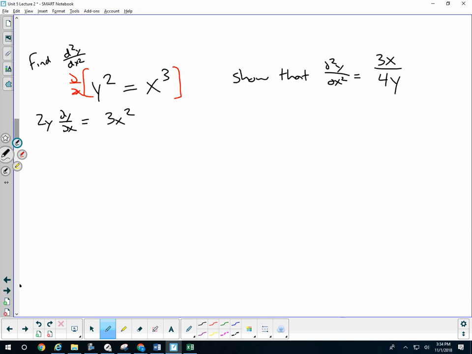Okay, take the derivative. If you'd like to, you can take the derivative again. However, be careful. You got to use the product rule with the dy dx. A lot of people don't do that. So instead, solve for dy dx, then take the derivative again.